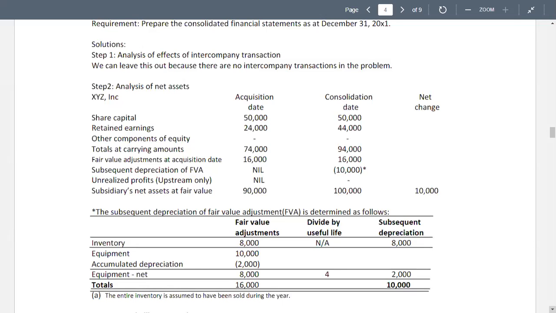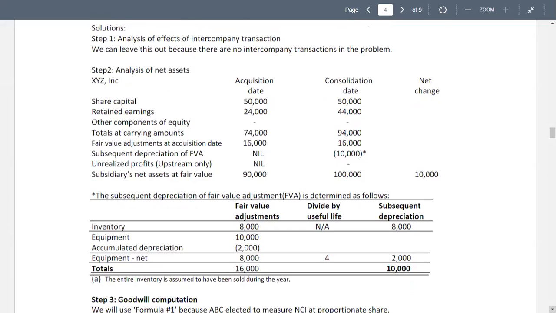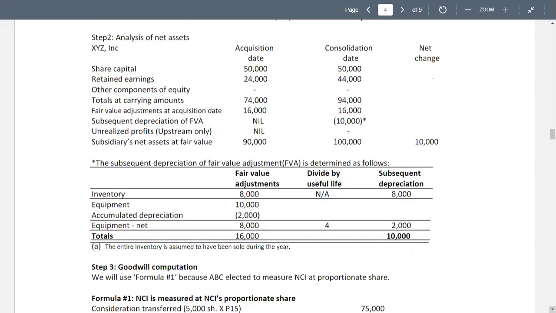That's the annual amount, 2,000. So we have now for the totals for equipment 2,000 and inventory charged to cost of sales, for a total of 10,000. So the entire inventory is assumed to have been sold during the year. That's in connection with your inventory charging of 8,000.